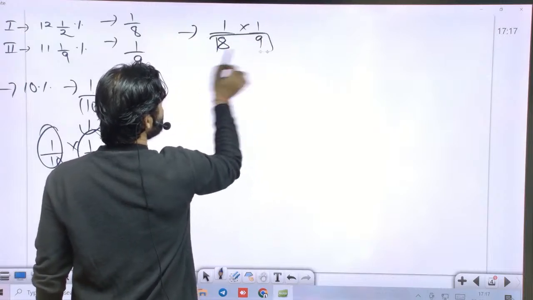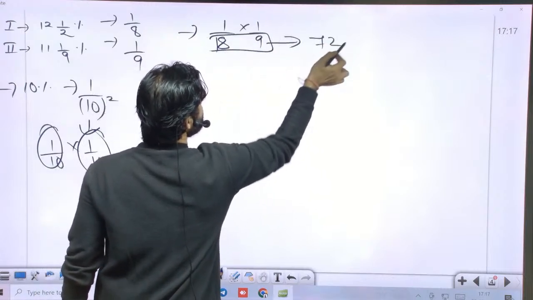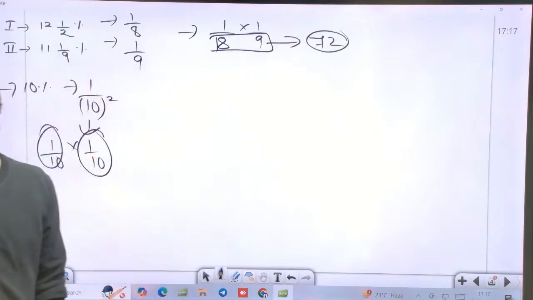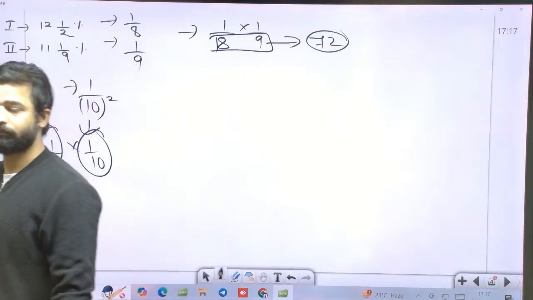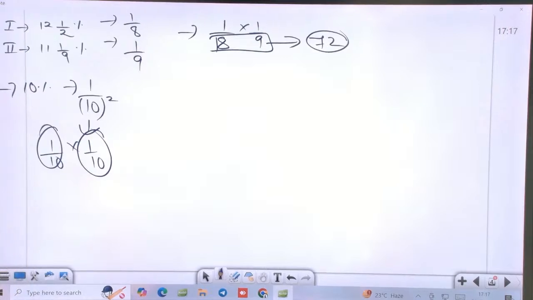If we multiply the denominators, we get the principal, so the principal is 72. We did the same thing in the last one also, but the rate of interest was the same, that's why it was a square.